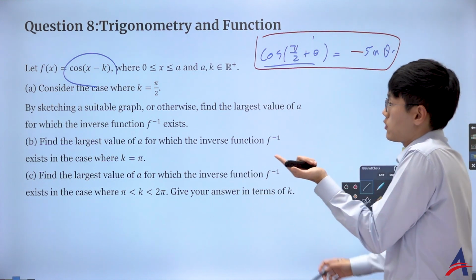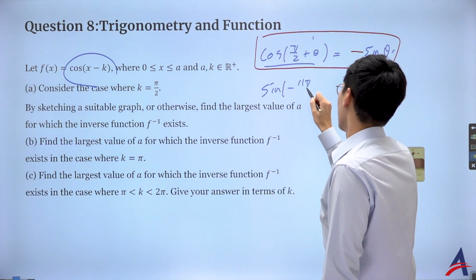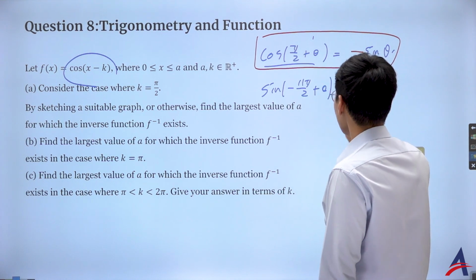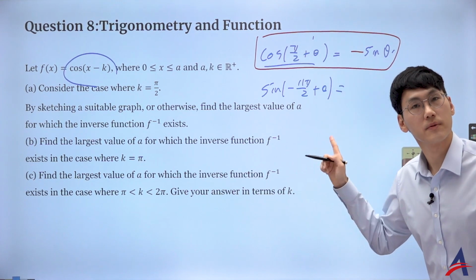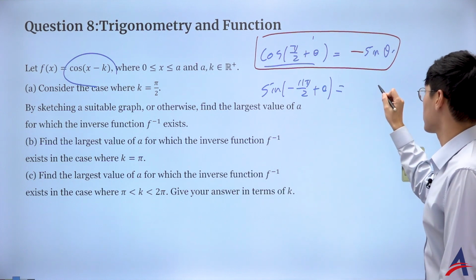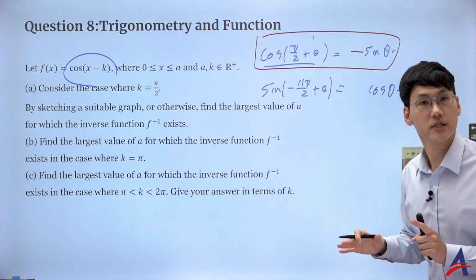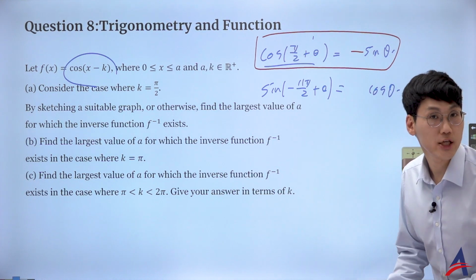Okay, let me give you another one. What if I did sine of negative 11 pi over 2 plus theta? Why not? I know that this is going to be a complementary angle because I have the odd pi over 2. So whatever, I know it is going to be something with cosine. I simply have to verify whether it's going to be positive or negative depending on its location, you see?